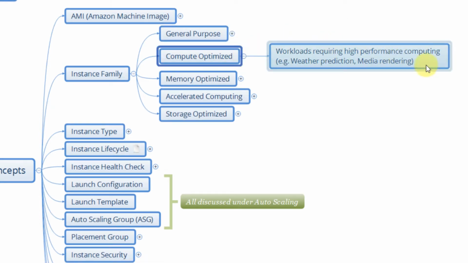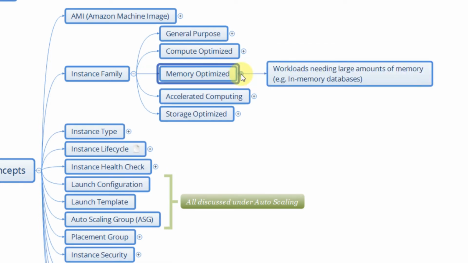A compute optimized family consists of instances with a very high amount of compute capacity, CPU capacity, and this is good for workloads requiring high performance computing, such as weather prediction and media rendering. Memory optimized family has instances with large amounts of memory, and this is great for workloads needing tons of memory, such as in-memory databases.